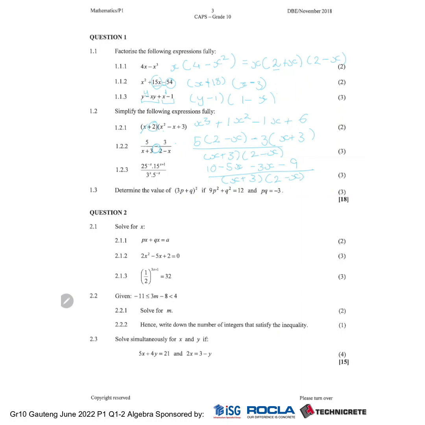And we can see like terms here, so 10 minus 9 is 1, and minus 5x minus 3x is minus 8x, x plus 3 to minus x. And that's how we would solve that, well, simplify that expression.